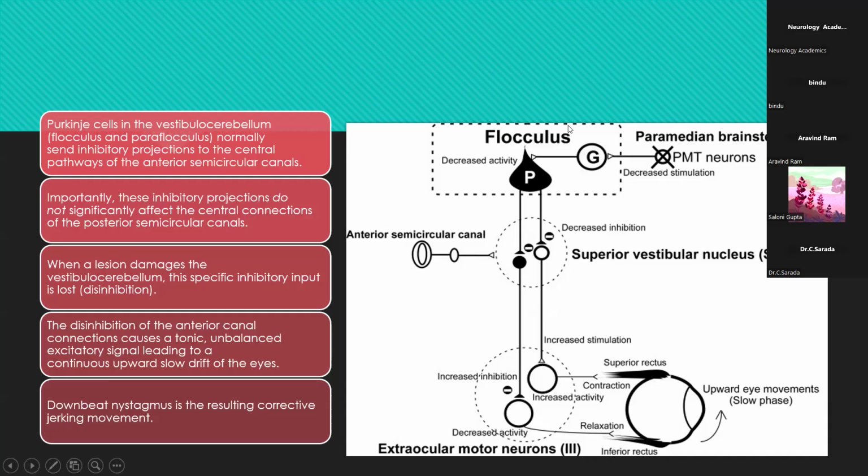There are various other mechanisms also mentioned in literature, including the involvement of paramedian brainstem lesion, where there are neurons in the paramedian tract, and when that is lost, that will cause decreased stimulation of the flocculus, and whereby there will be decreased inhibition of the superior vestibular nucleus, and that will cause in turn increased superior rectus stimulation.